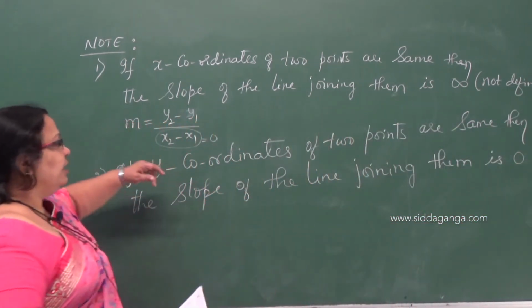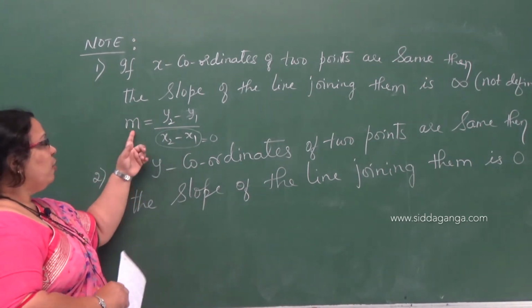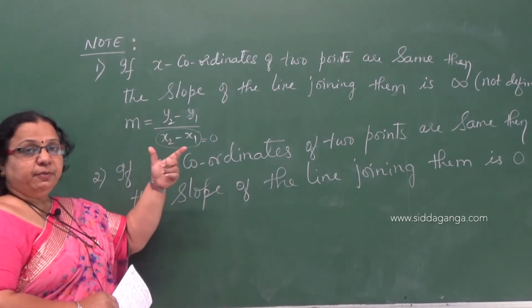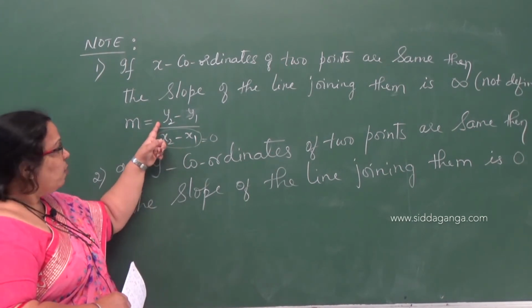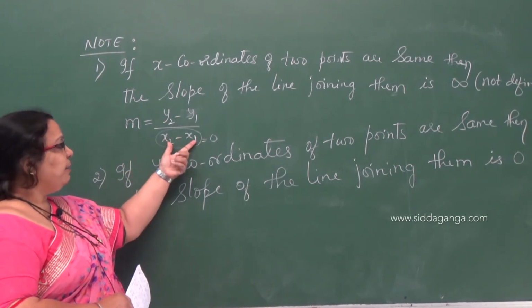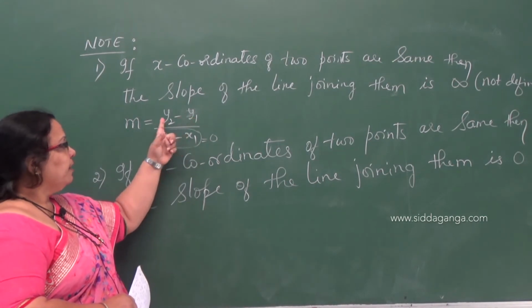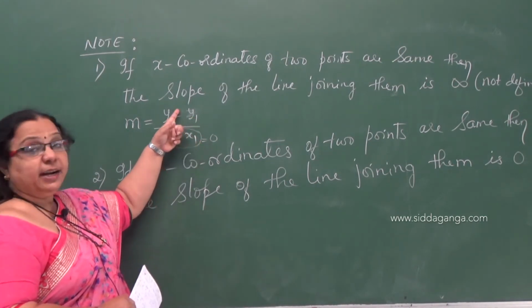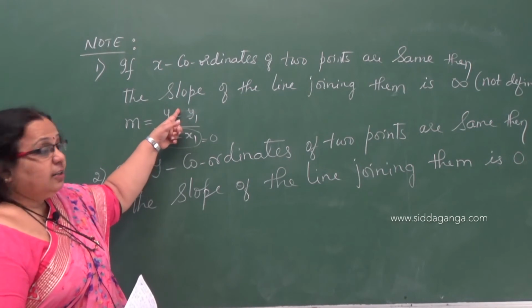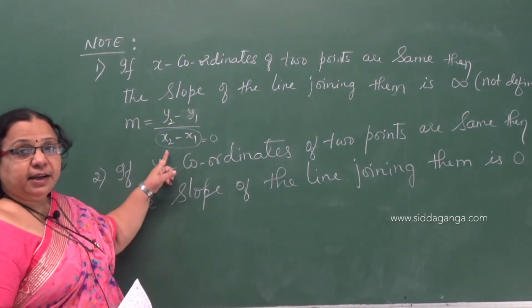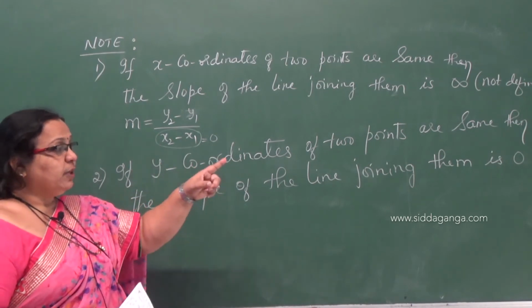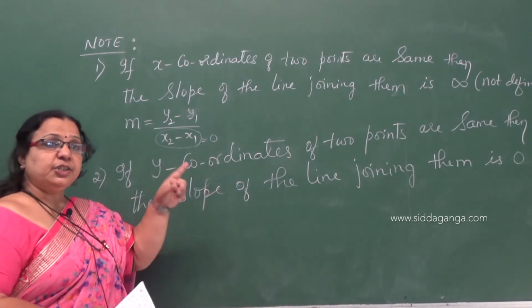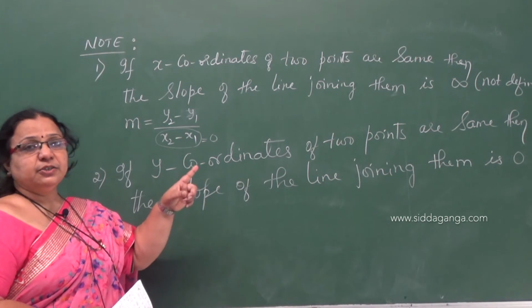In the general slope formula between 2 points, the y coordinates are in the numerator. When they are the same, taking the difference makes the numerator 0. Therefore 0 divided by any number is 0, so the slope of such a line is 0.